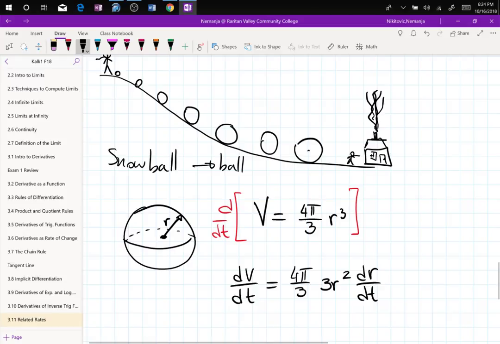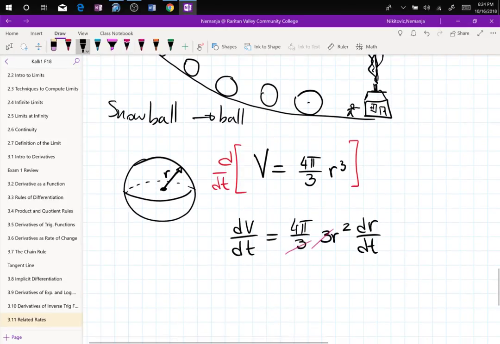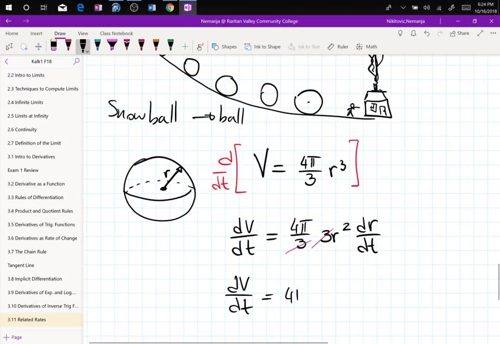All right, great. And now these 3's will cancel. And then dV dt is 4 pi r squared dr dt, and this would be our mathematical model.